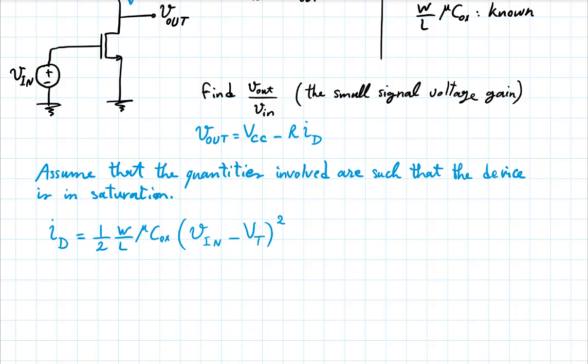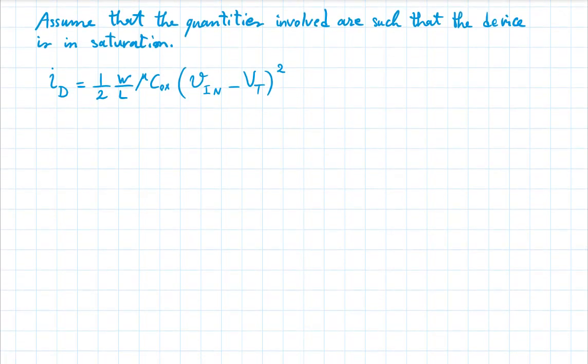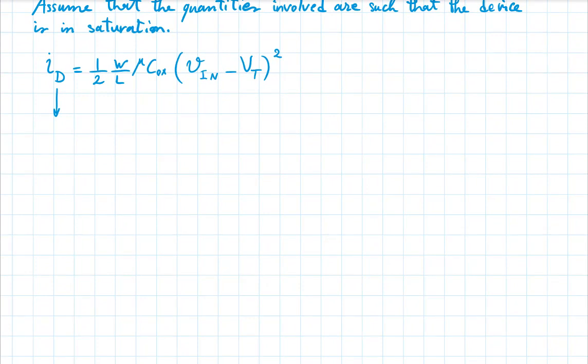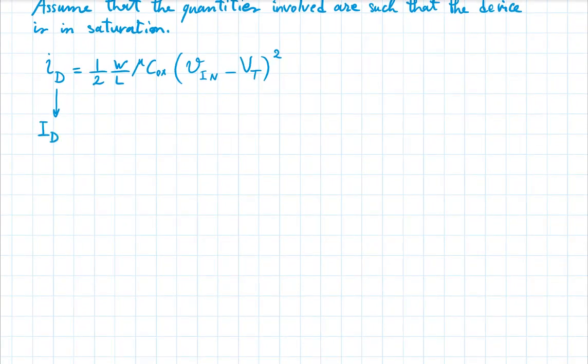So what I'm interested in is now to think of this problem as this. This total ID is a sum of the bias part plus the small variations, right? The total V in is the sum of its bias part plus its small variations.